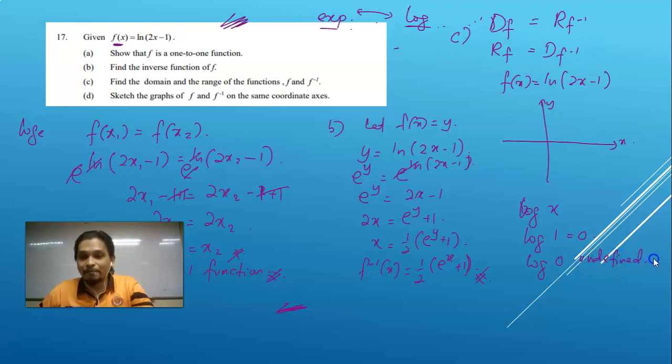Remember this. Now, how are we going to implement this into this question here?